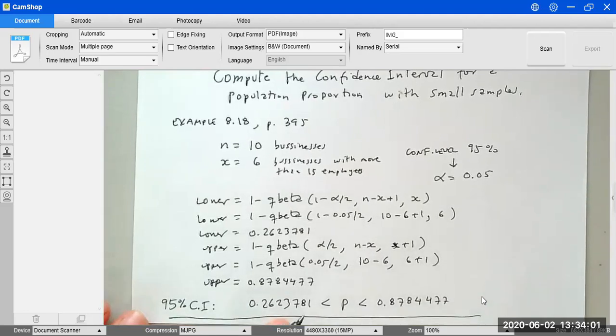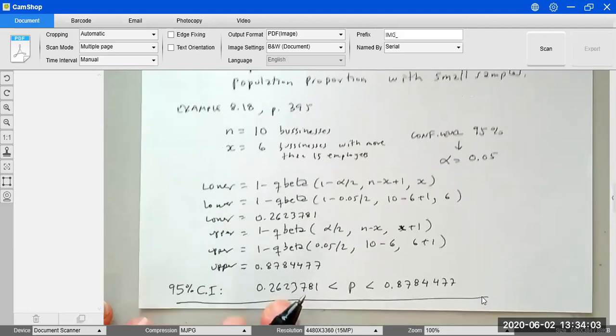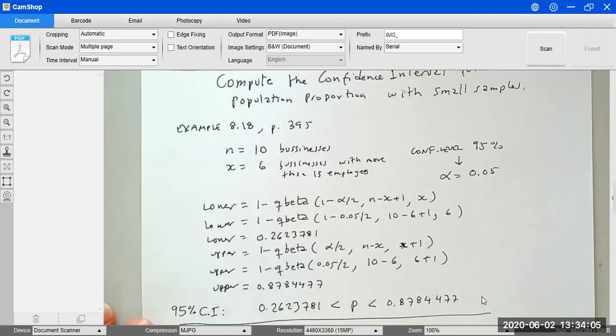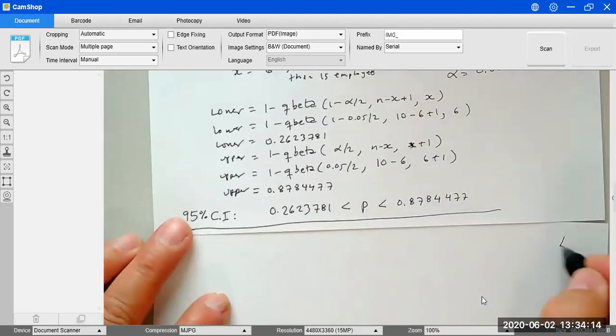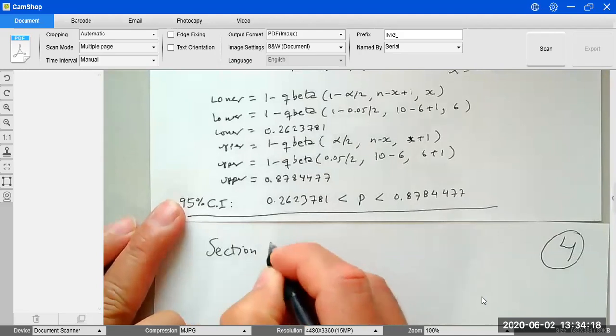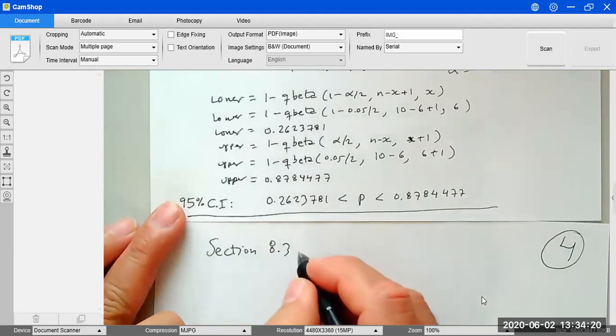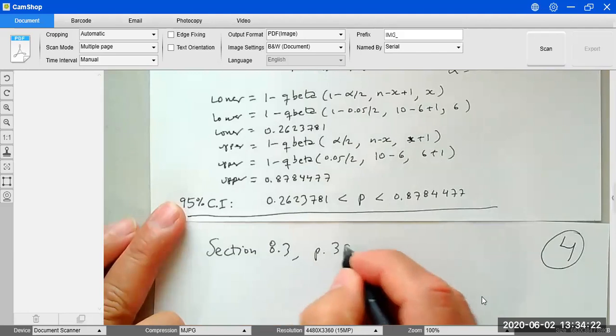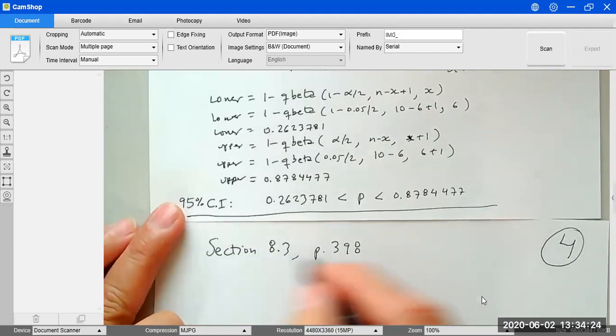So now you're going to have the chance to work on these problems by solving a couple of them from the exercise set. You just go and check section 8.3 on page 398.